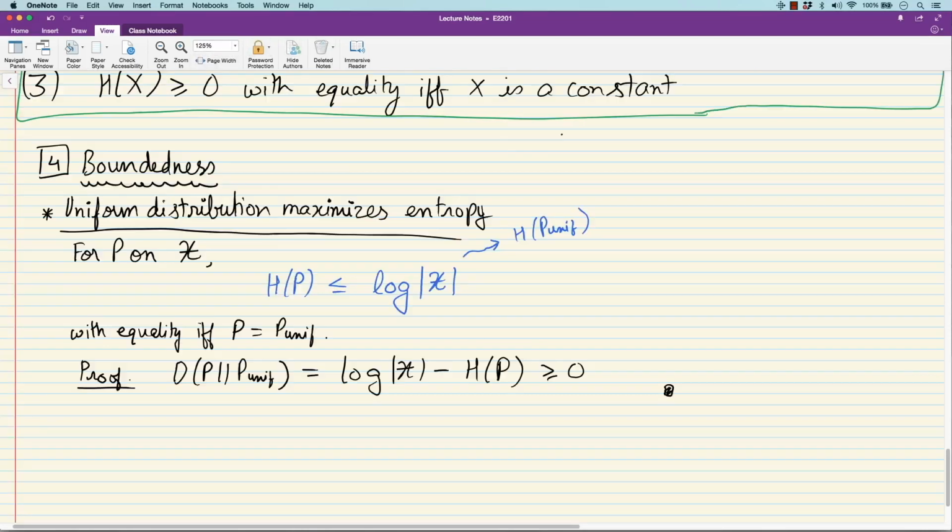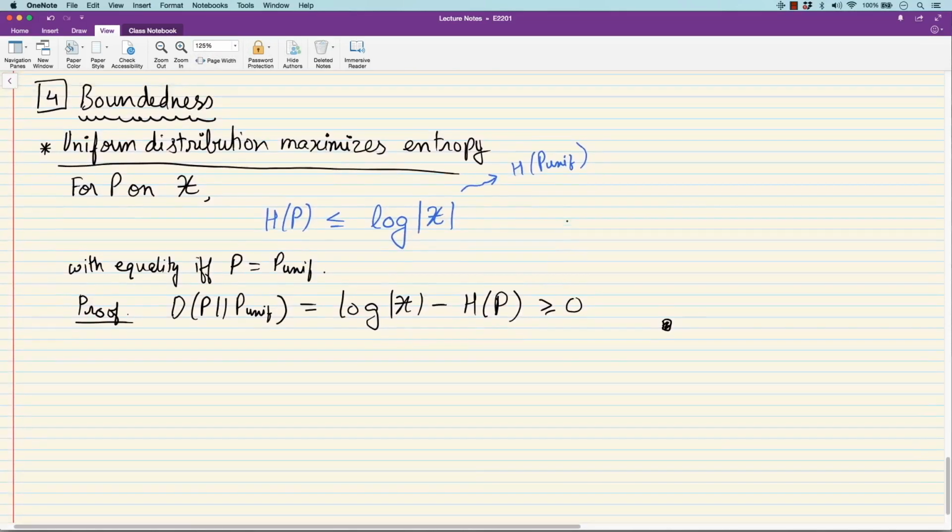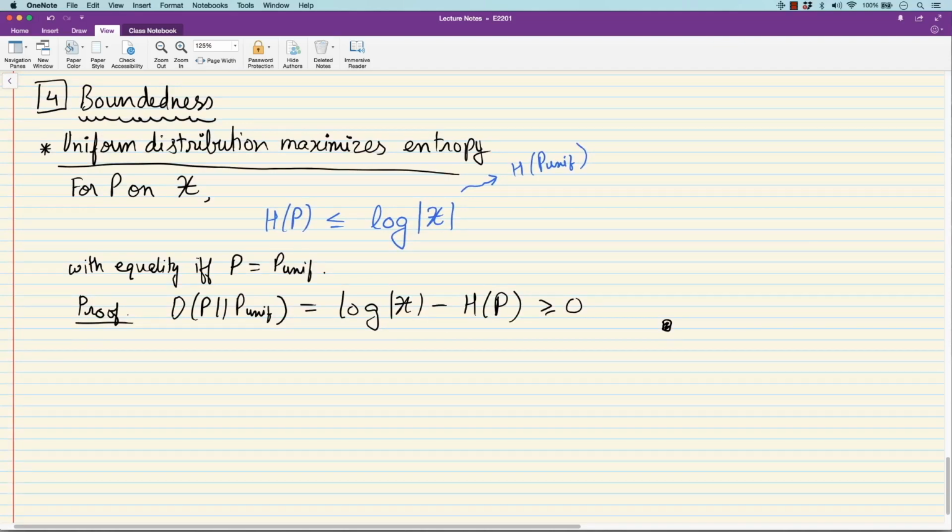Now, we know which distribution maximizes entropy among the ones with finite cardinality. But we can define discrete PMFs over a countably infinite alphabet like the natural numbers. What happens in the case of such distributions? Well, there is another result, which is the counterpart of this result for such a random variable. So I'll put it down.